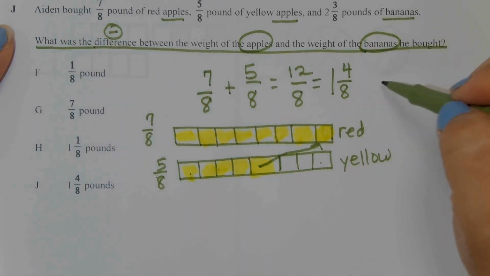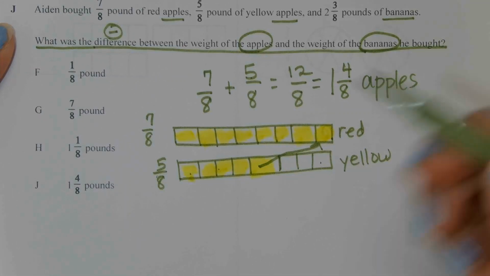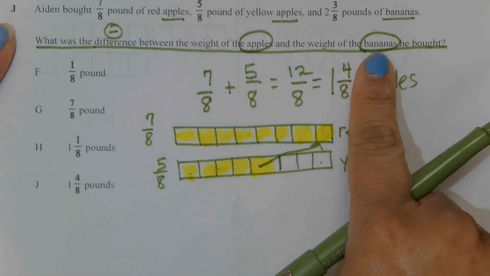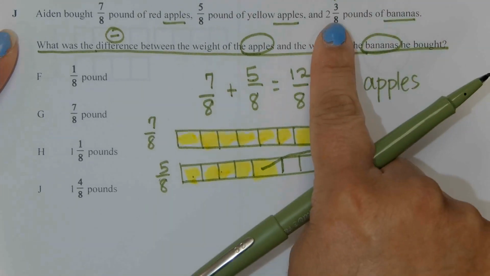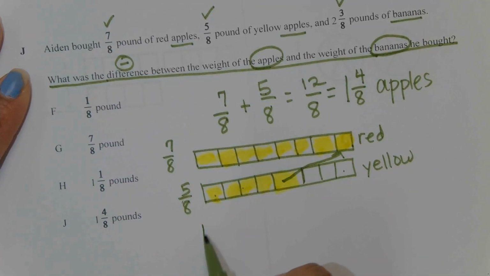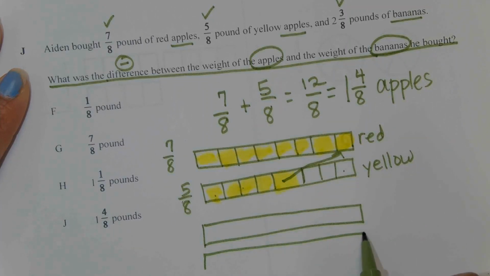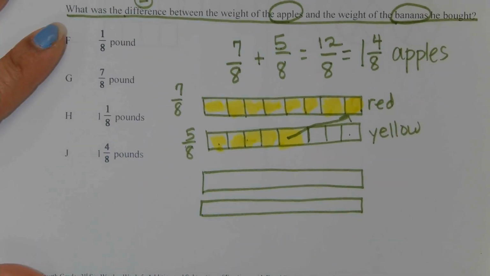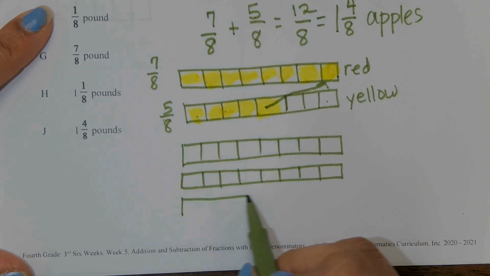So I know that these are the apples and I want to subtract it from the bananas. My bananas are 2 3/8. So I'm going to go ahead and draw 2 3/8. I'm also going to write my equation. So I'm going to draw 2 wholes, and they're going to be broken up into eighths. So here are my 2 wholes and now I need to draw my 3/8.